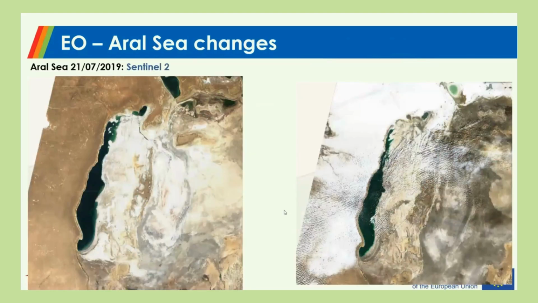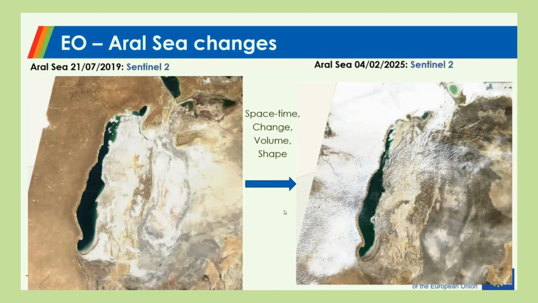Other activities, the Aral Sea example, and how the volume of water in the Aral Sea changed from 2019 to 2025. Of course, in the Aral Sea, we had major changes from 1970 until 2019, but still we can map that.